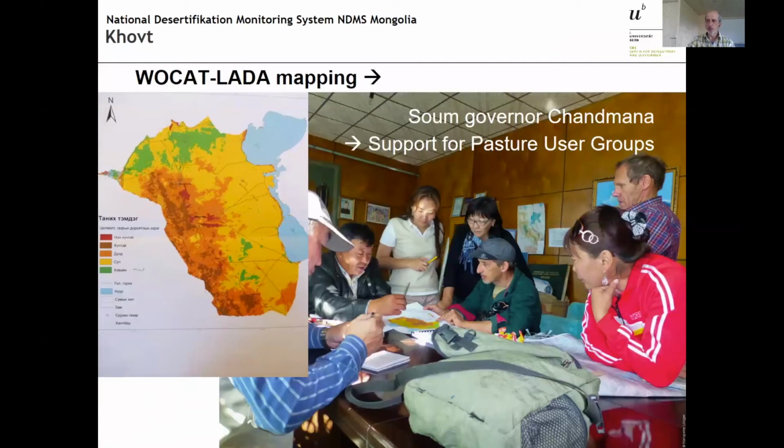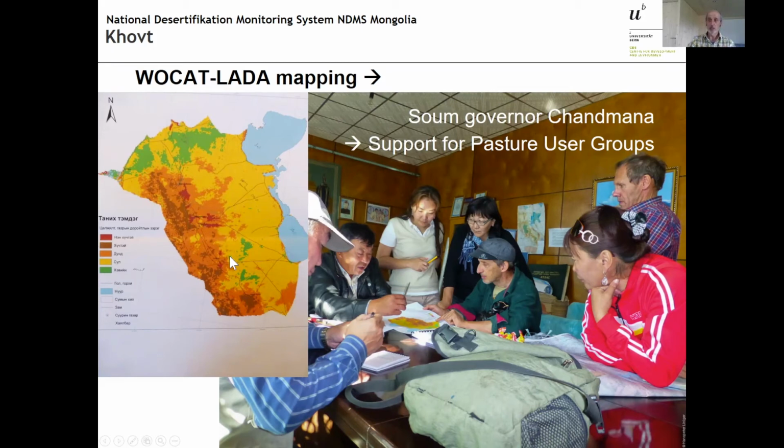Okay, so then this was discussed, of course, even in the field. We went to the governor, we passed through the user association groups, we looked at the results, and then we did something else. We also said, okay, let's do a participatory mapping together with the people who know the area very well.